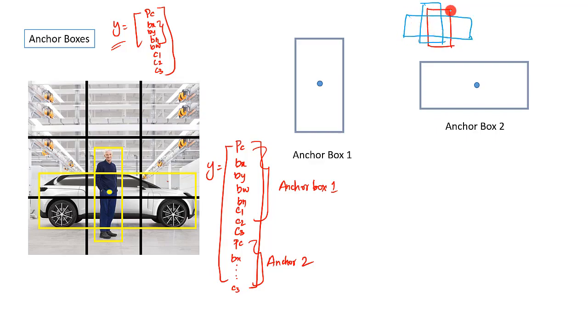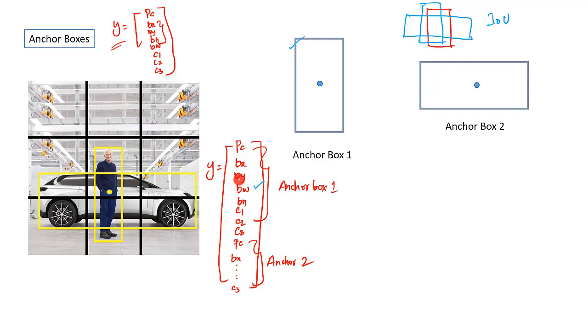Then each anchor box calculates the intersection over union. It calculates the IOU, and whichever anchor box gets the highest IOU will be considered for our evaluation. For example, in this case, the person will have anchor box 1 as the predefined shape, and the car will have anchor box 2.